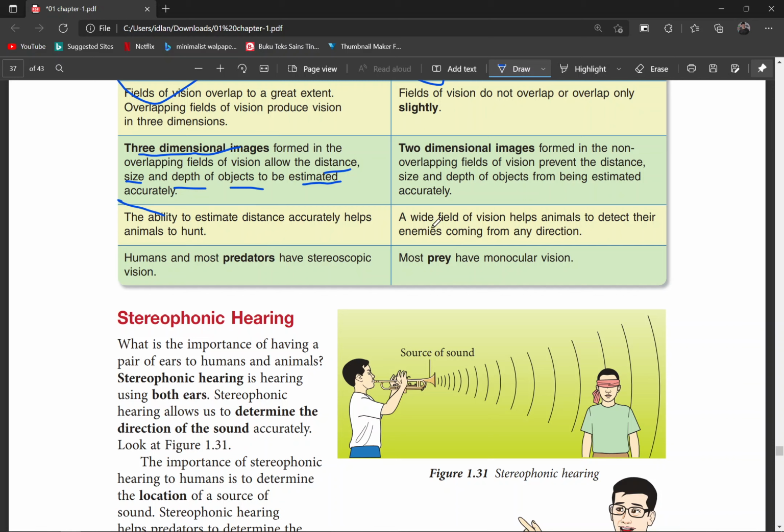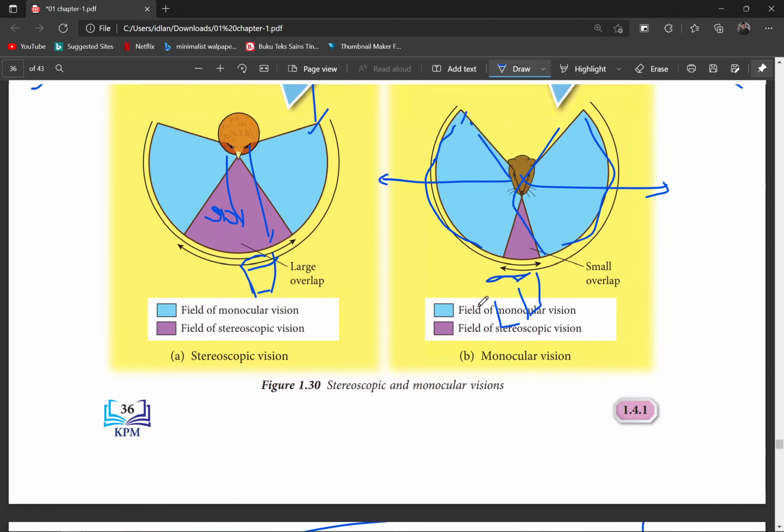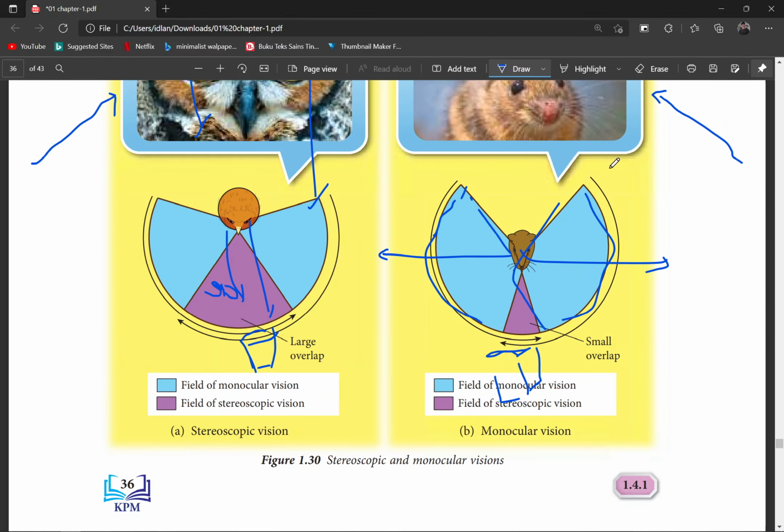A wide field of vision helps animals to detect the enemy coming from any direction. Untuk yang memburu ni, dia paling pandang depan saja. Ni helang lain lah kan. Kalau haiwan yang prey ni, Tuhan dah bagi dia field of view yang sangat luas, hampir 180 degree.